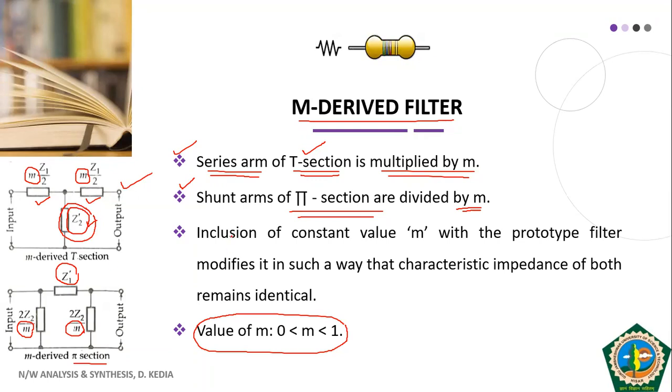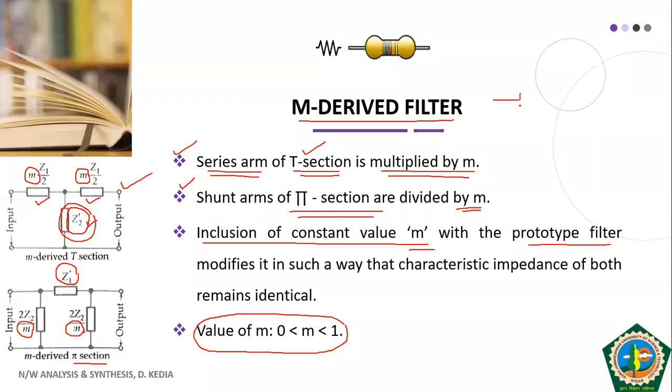Is that point clear? You can read this in the slide, that inclusion of constant value M with the prototype filter modifies it in such a way that characteristic impedance of both remains identical.